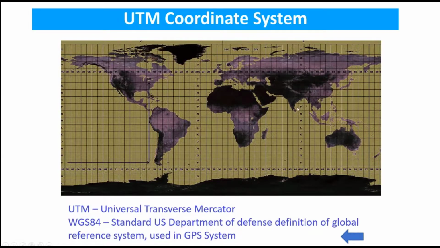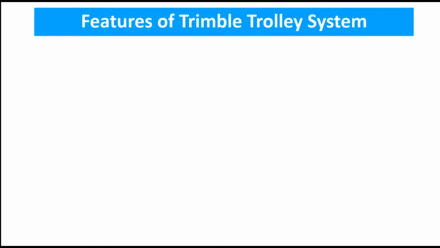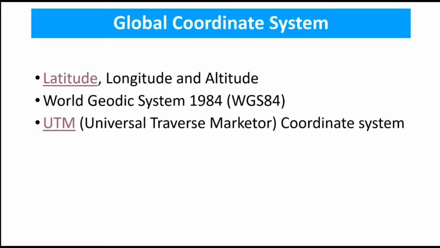And here the alphabets are P, Q, R and some part will be in S. So these are the sectors for the UTM coordinate system.